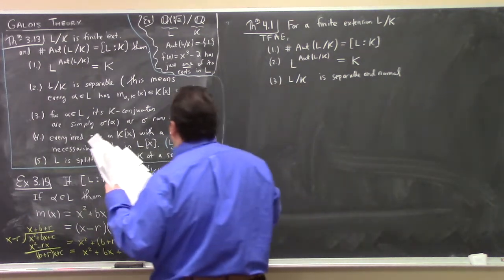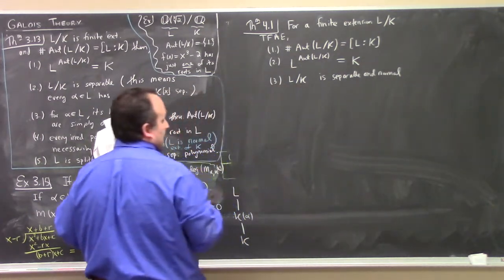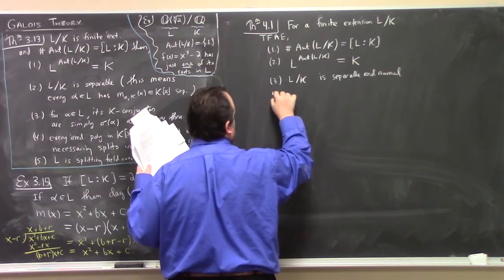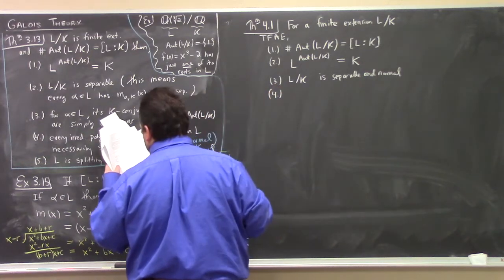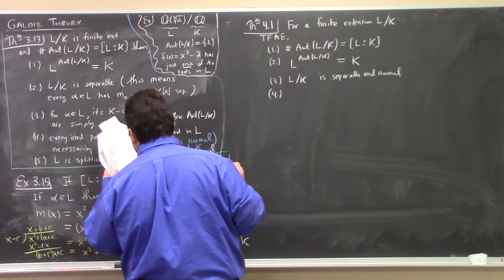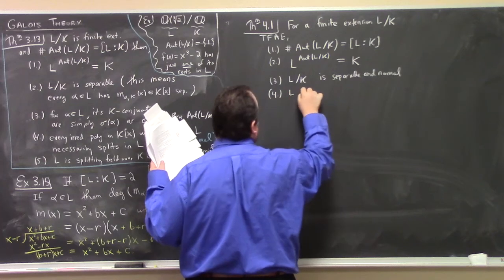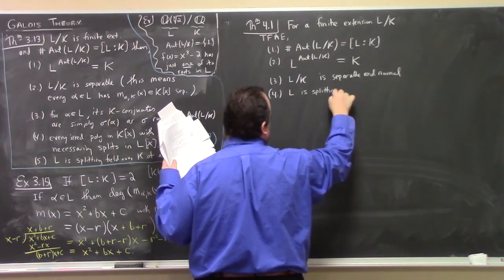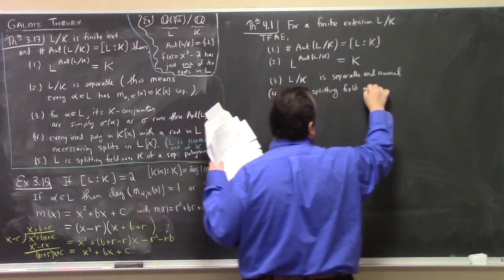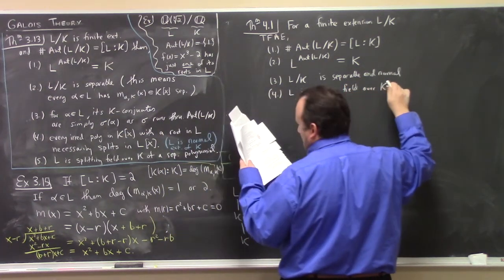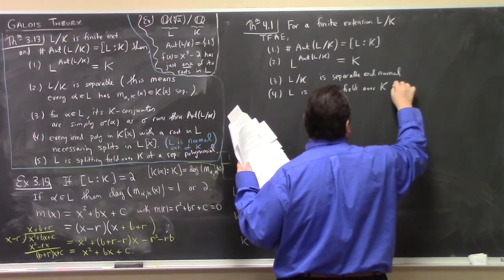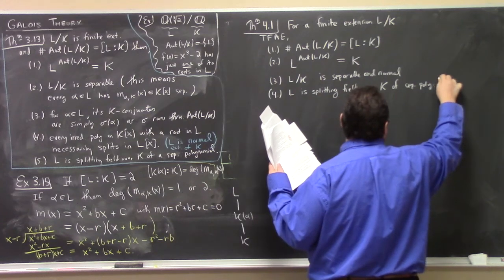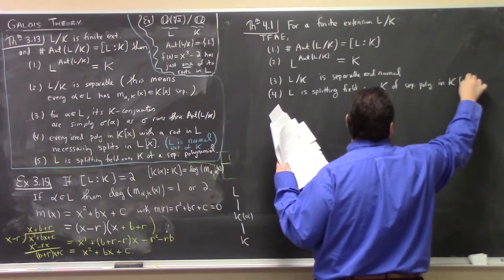Remember, separable means that every element has a separable minimal polynomial. And normal we just talked about. 4, L is the splitting field over K of a separable polynomial in K[x].